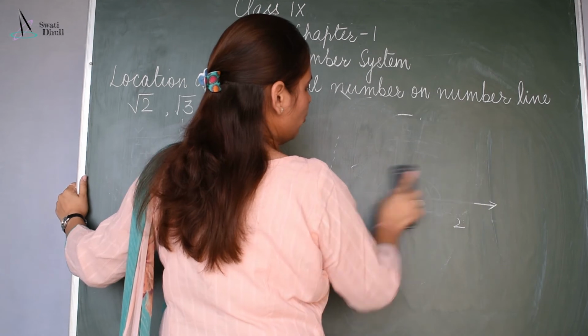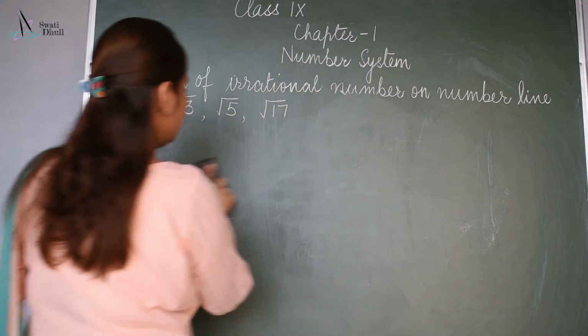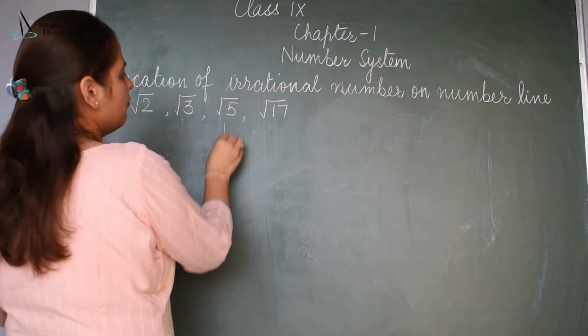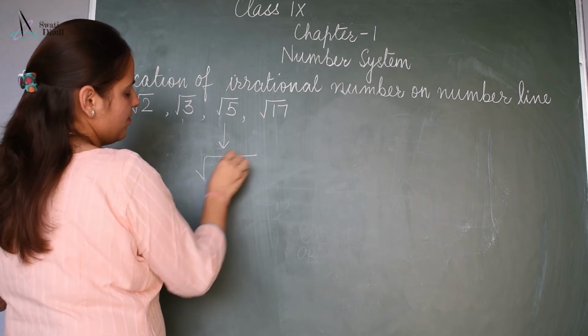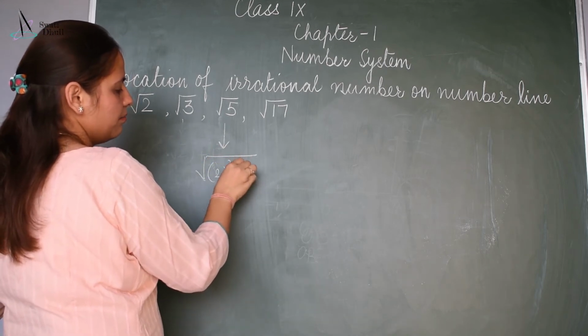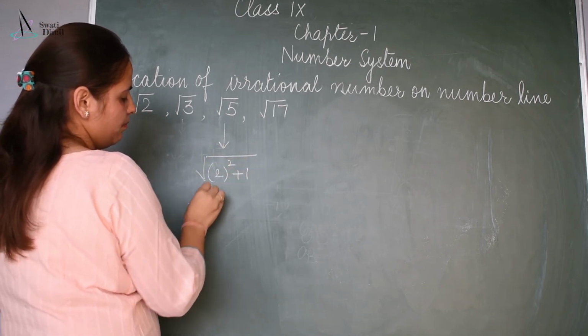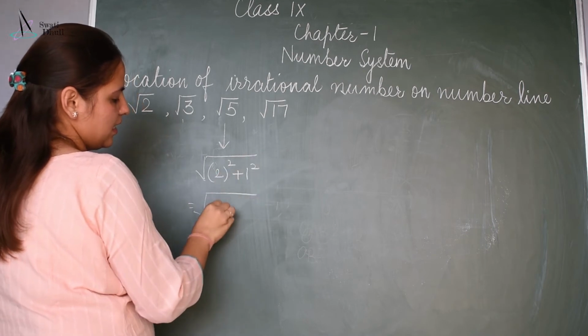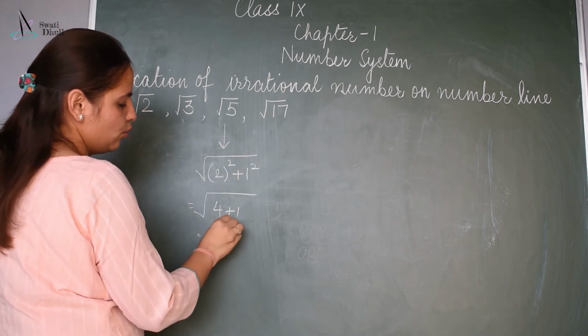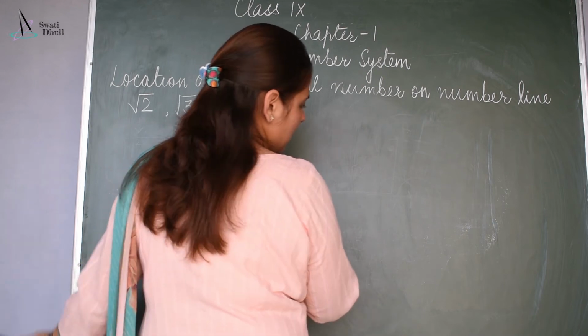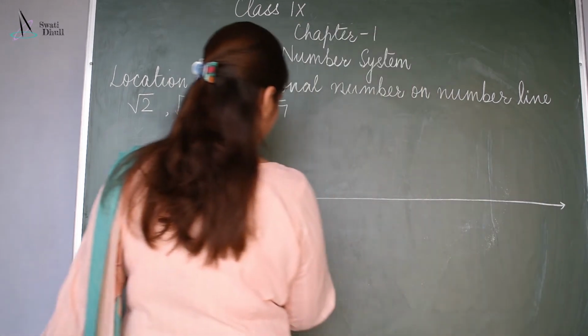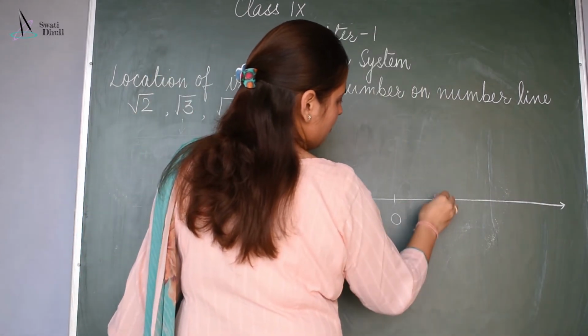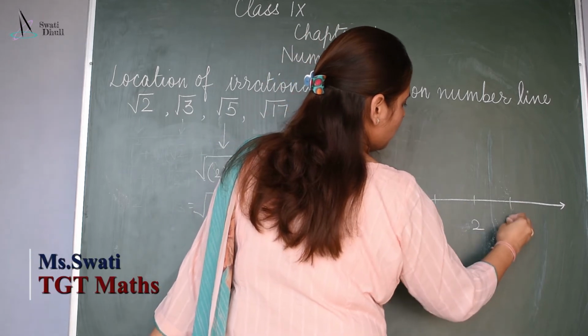Now let's say root 5. How can you draw root 5 on this number line? We can write root 5 as under root 2 square plus 1 square, so you will get 4 plus 1, that is under root 5. So I will draw a number line and mark the integers with equal distance.